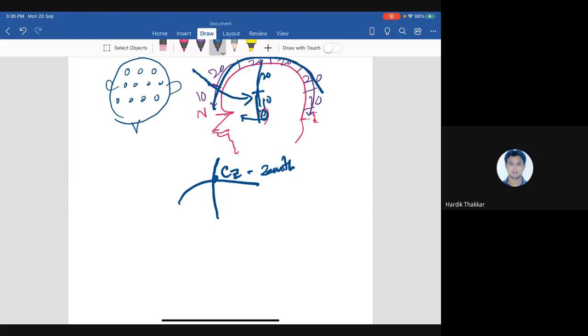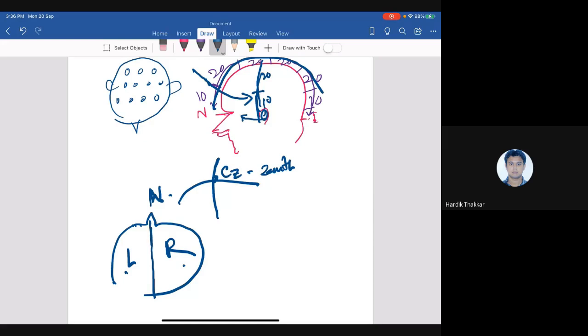As you know, the head is actually divided into two equal hemispheres. If you look at your head from the top side, it will look like this. This is the nose side, and this is a demarcation which separates left from right, the left hemisphere and the right hemisphere.